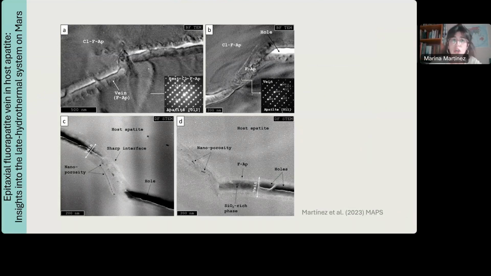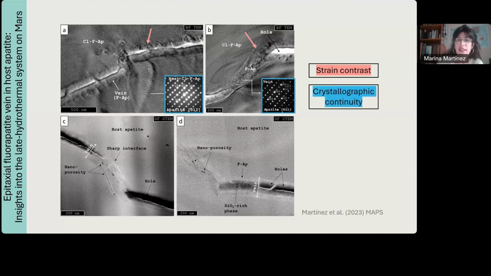The first on top are bright field TEM images, and we can see an overgrowth of a phase in this vein, seen by this strain contrast. We also see that the host apatite is chlorine-rich fluorapatite, while this overgrowth is fluorapatite, but I will show that later.